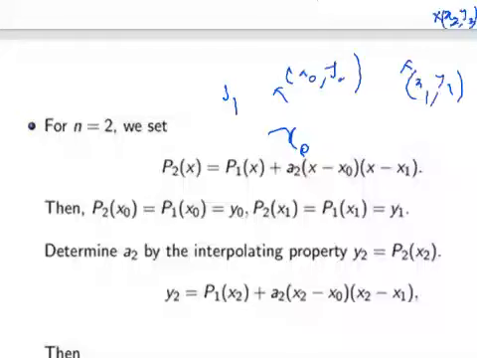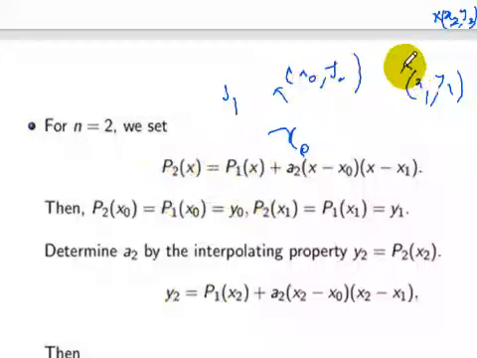So we want this polynomial to pass through all these points. When you throw x0 into here, this gives nothing, right? So we only get p sub 1 evaluated at x0, which is equal to y0. Then this polynomial passes through x0 comma y0.